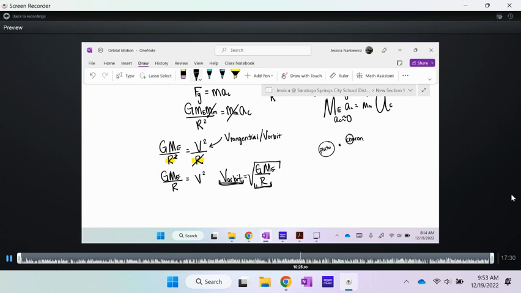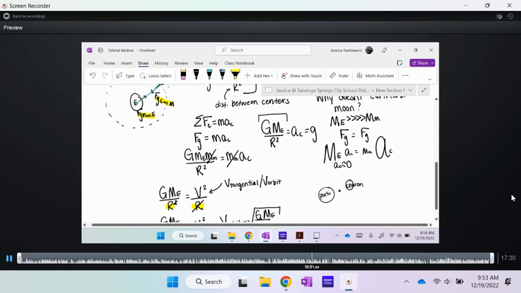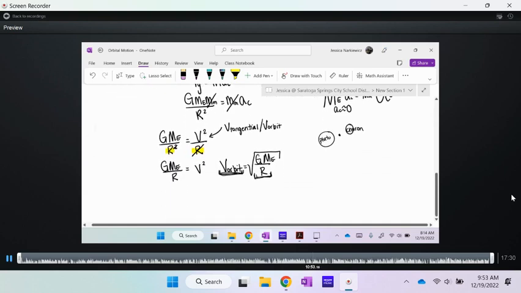That usually happens because they get hit by some space junk or an incoming asteroid or meteorite, and that's how things can fall out of orbit, so to speak. So that's our orbital speed. Again, nothing here is really too new. We're just applying the force of gravity to circular motion.